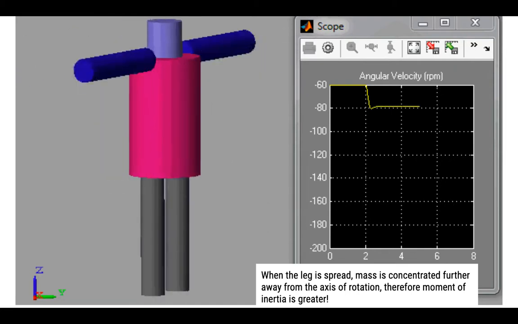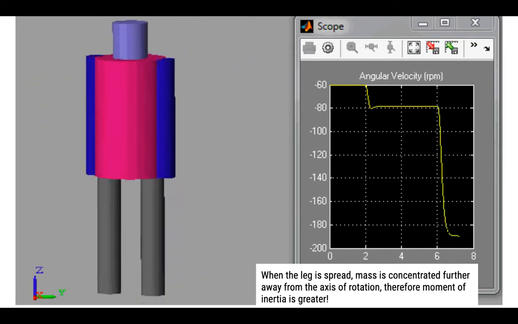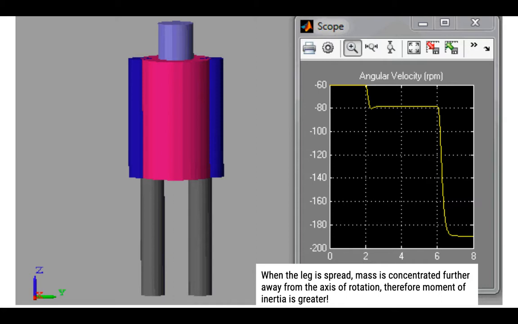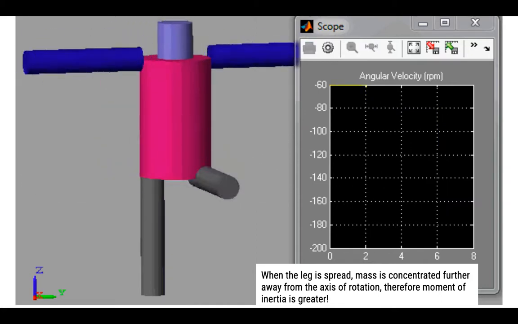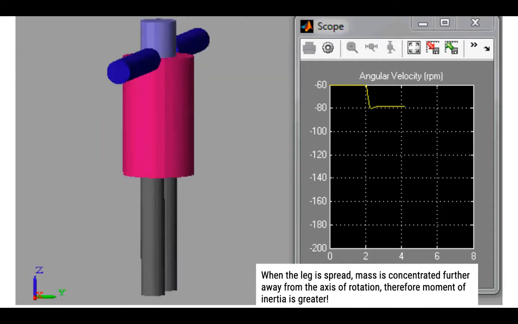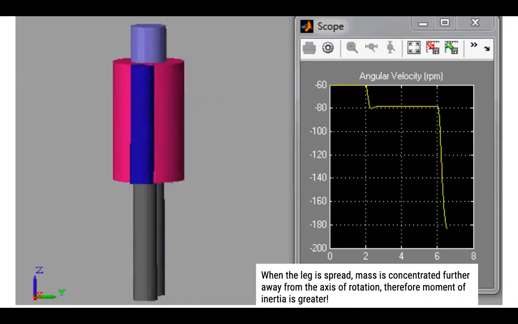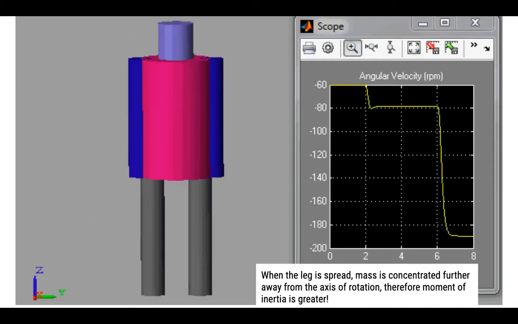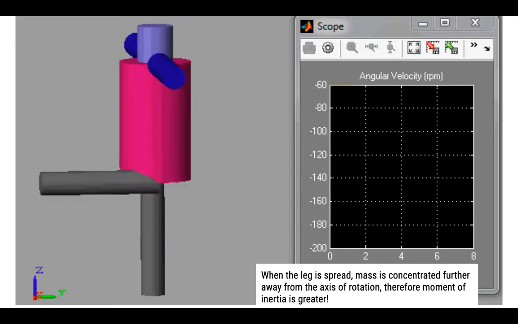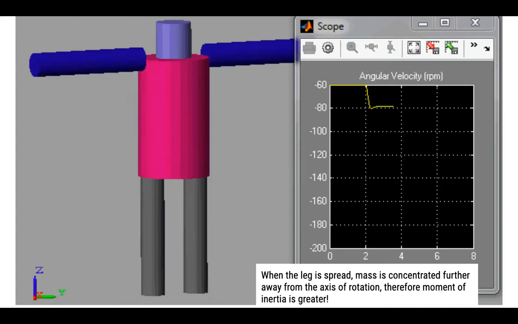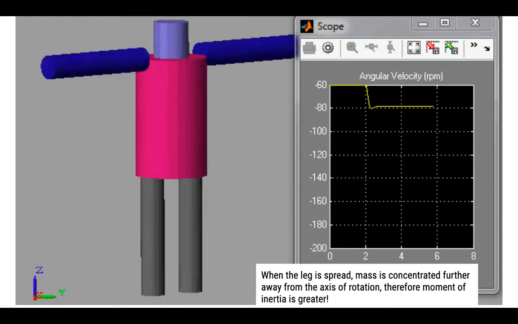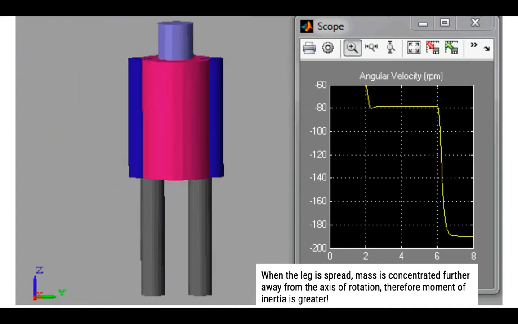We see here that the ice skater starts with an angular velocity of negative 60 revolutions per minute. Negative means that she is rotating clockwise. Positive would be counterclockwise. So as her radius of rotation decreases, the magnitude of her angular velocity is increasing, but in the clockwise direction.